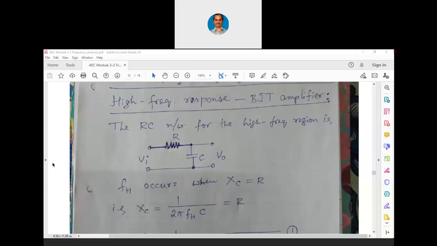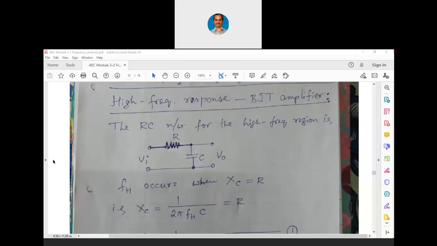So for a high frequency response, we have to deal with the RC network now. For low frequency response, we analyze the CR network. Now we will discuss the RC network, where you can see R and C are there. Now FH occurs when XC equals R. This we had discussed earlier.